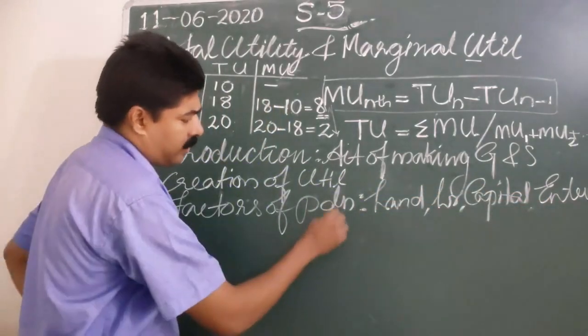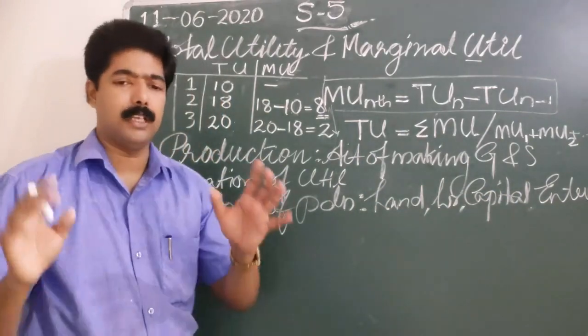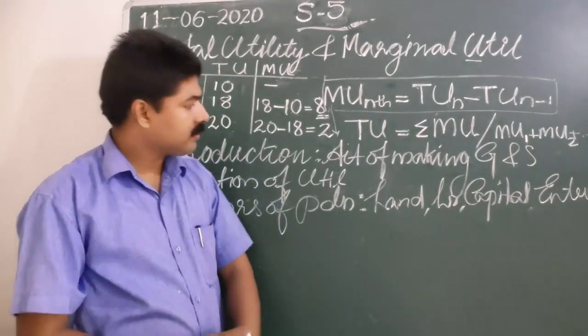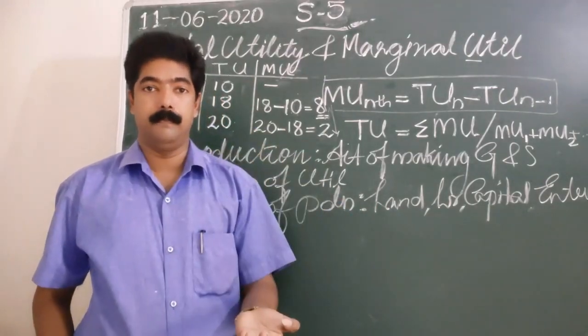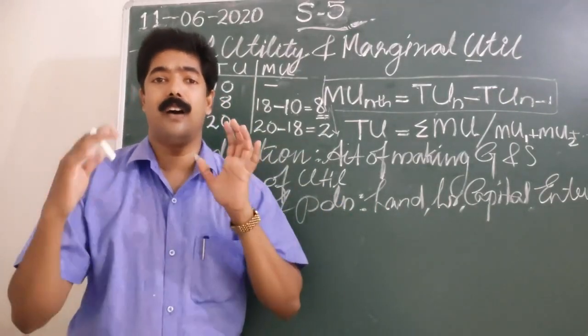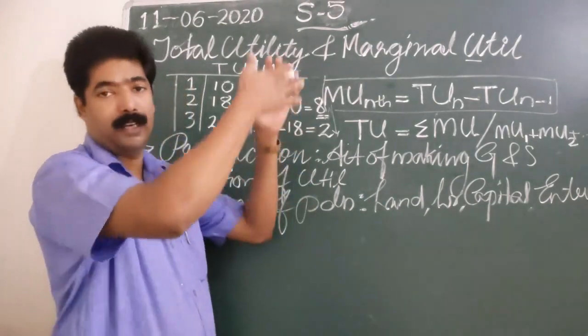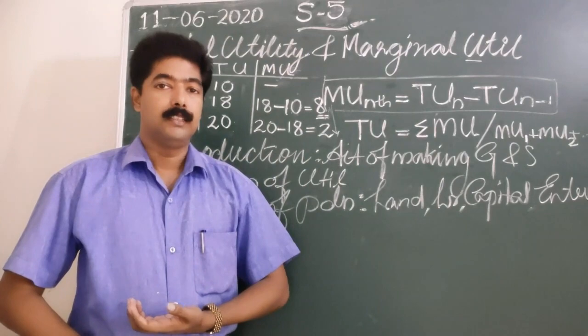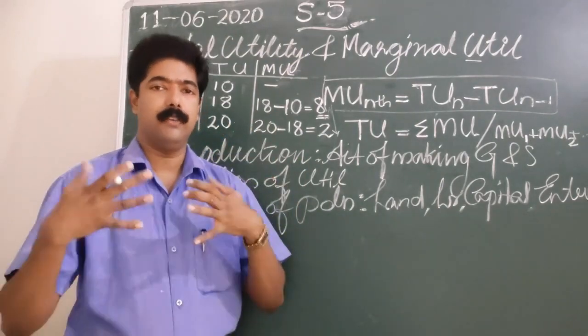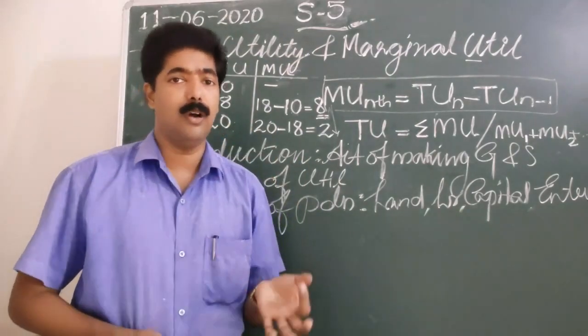Now all these factors of production may get some remunerations, that is, rewards. If a farmer uses one acre of land for cultivation, the owner of the land must get some reward. That is called the remuneration.